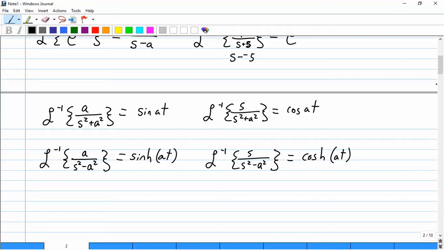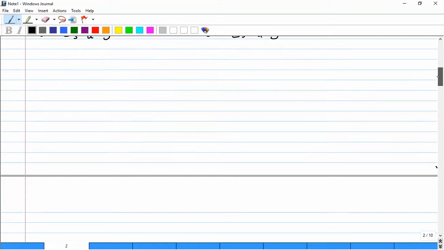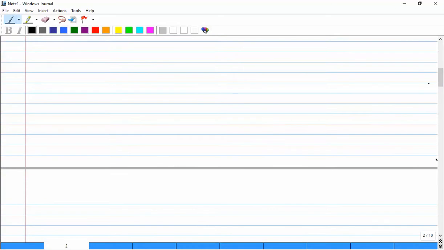All right, so let's see what these inverses would look like. Inverse Laplace transforms that will give us a sine, cosine, hyperbolic sine, or hyperbolic cosine.